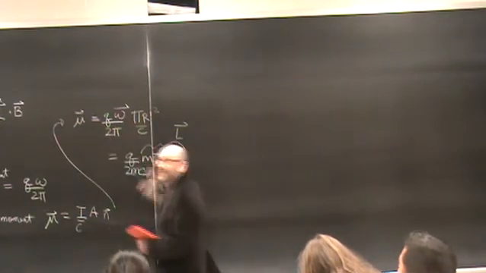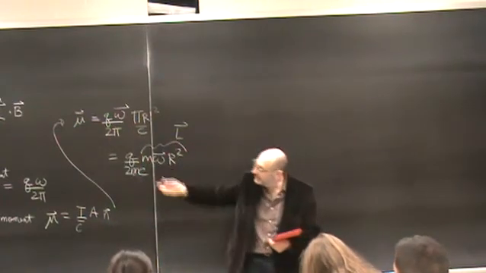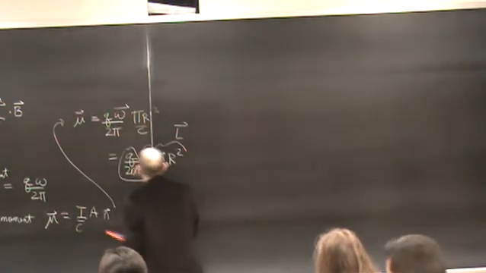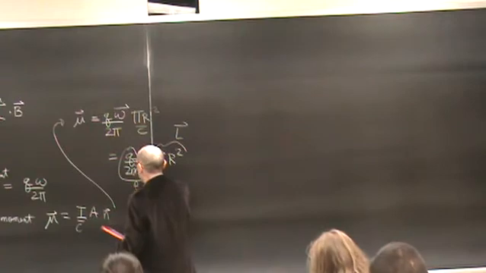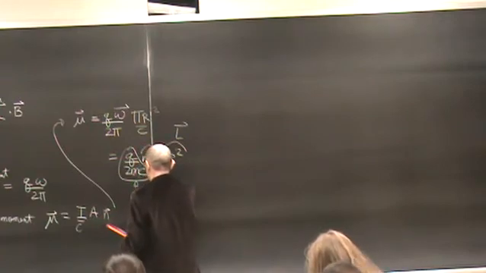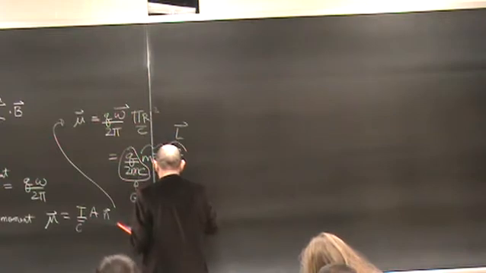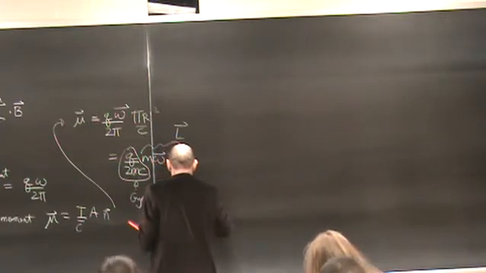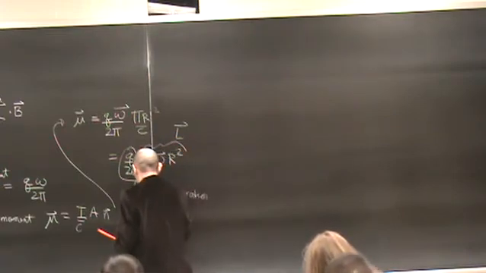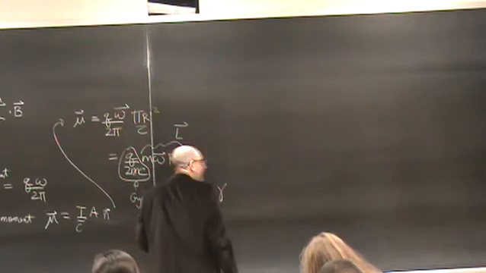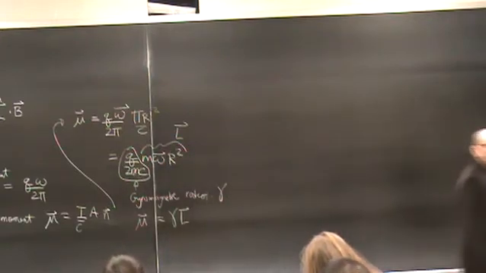This quantity here is known as the gyromagnetic ratio, which we sometimes call gamma, so mu is gamma times L.